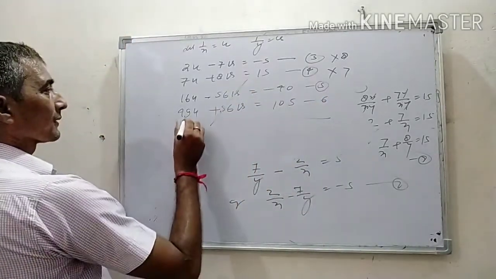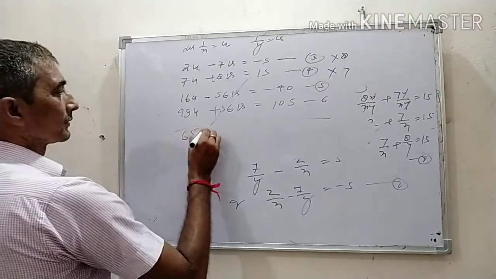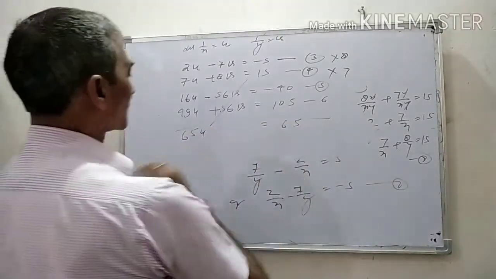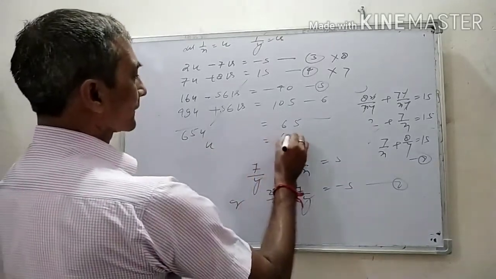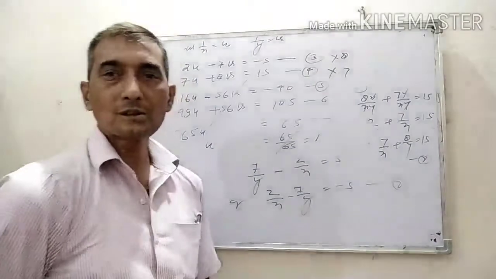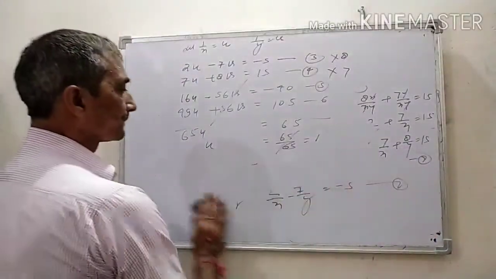Adding them, you will get 65u equal to 65. Now 65 by 65 cancels out, u is equal to 1.